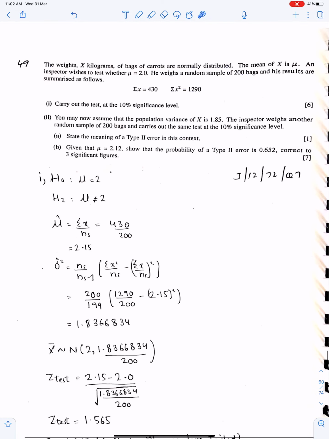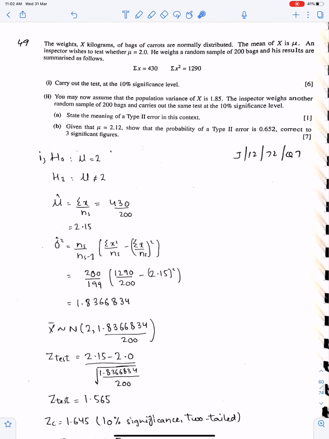Part 2. You may now assume that the population variance is this. The inspector weighs another random sample of 200. State the meaning of type 2 error in the context. Always explain with the help of this information. Mu has not changed, and this means mu has changed.